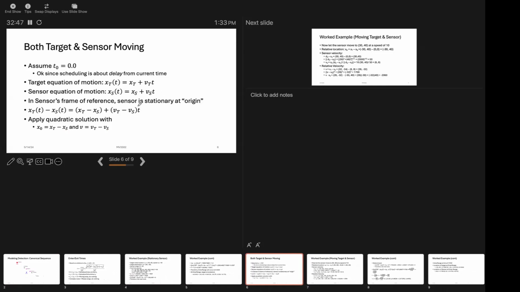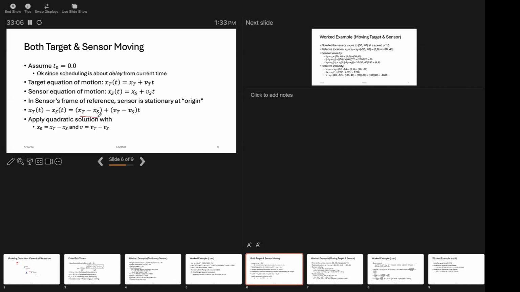Now, from the sensor's frame of reference, what we're looking at is the difference between the two equations of motion, which unravels to an equation which has exactly the same form as what we've been looking at, except now the sensor is stationary.